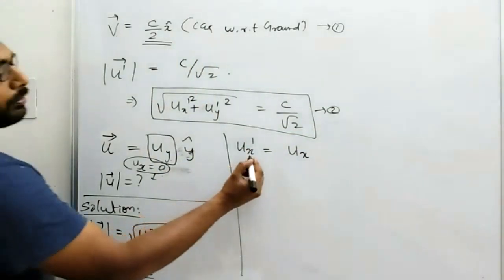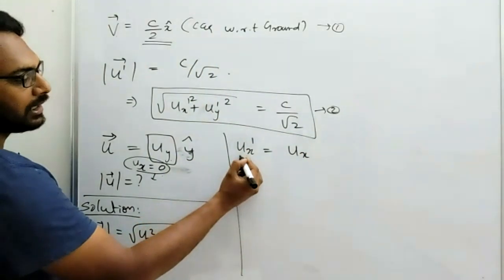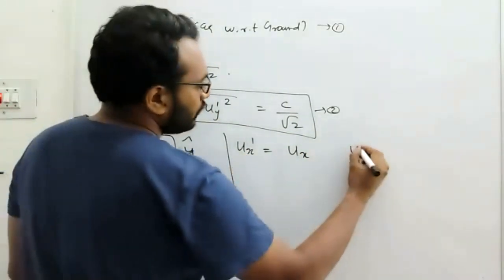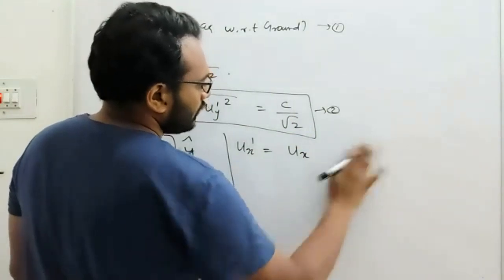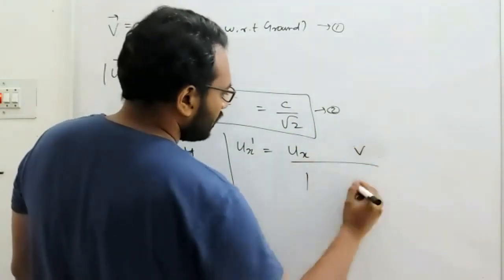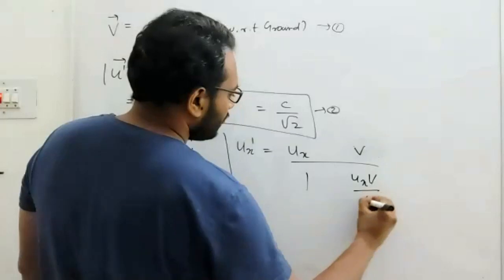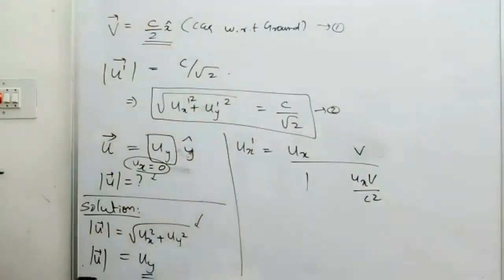This is the x component of the velocity of the ball with respect to the car, right? So you will have ux, here we'll have a v, and 1 minus or plus uxv by c square, right? For v, I'm not putting any subscript. We know that it's along the x direction. Tell me whether it's a plus or a minus. Just look at the situation physically.